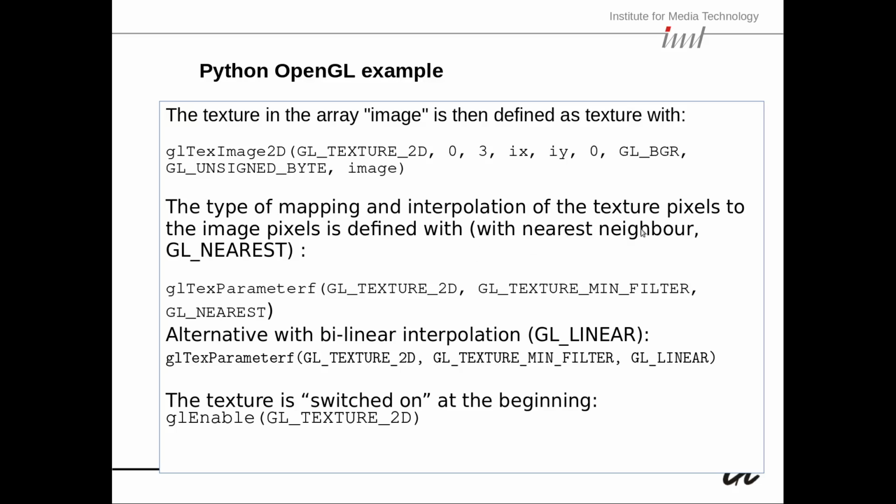So here it is nearest neighbor, which is called GL_NEAREST, which you can see here as an argument. And here's the alternative, bilinear interpolation, GL_LINEAR. So instead of GL_NEAREST, we have here GL_LINEAR. And we also need to turn on the texture at the beginning with glEnable GL_TEXTURE_2D.